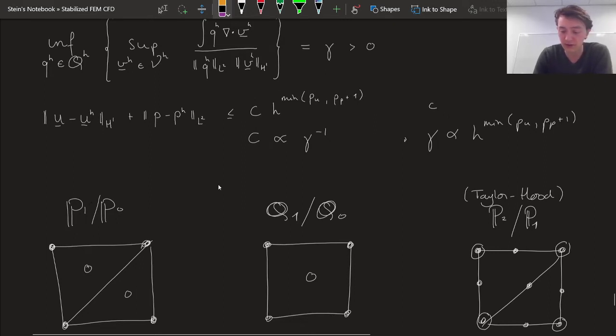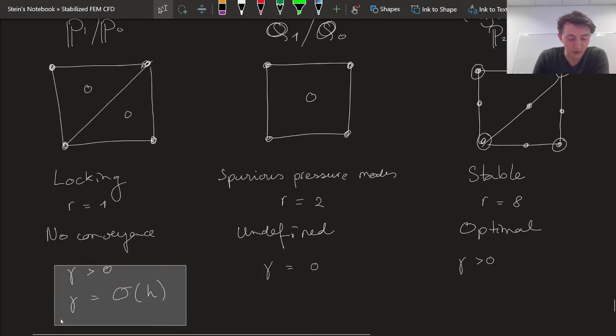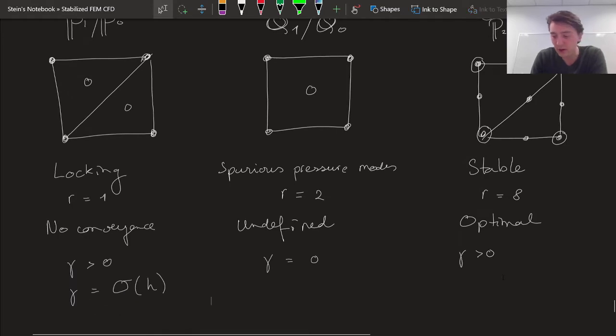Yeah, so let me get rid of this. Yeah, so now we can actually make a conclusion about our Inf-sup constant for this element, and we'll verify this later. We'll get back to this. So now we have a 0 here. We have a gamma that is of the order of h over here. And how about the one on the right?